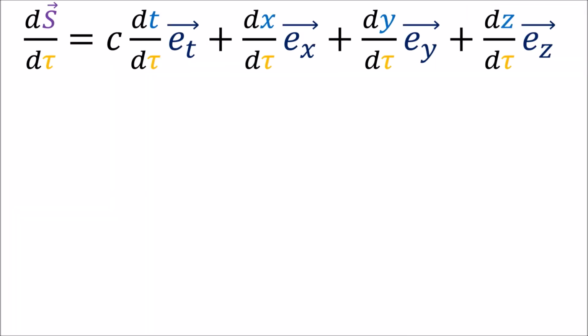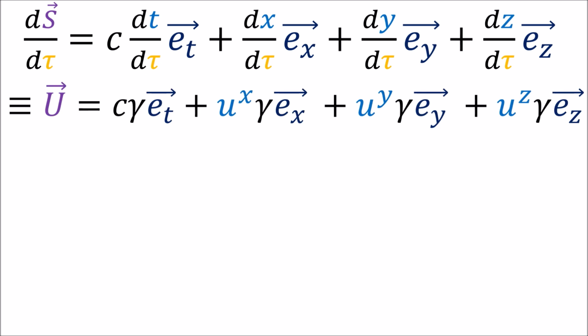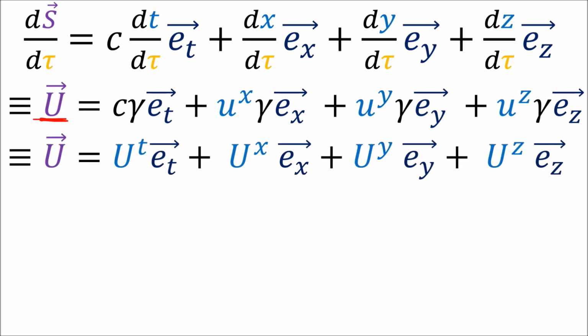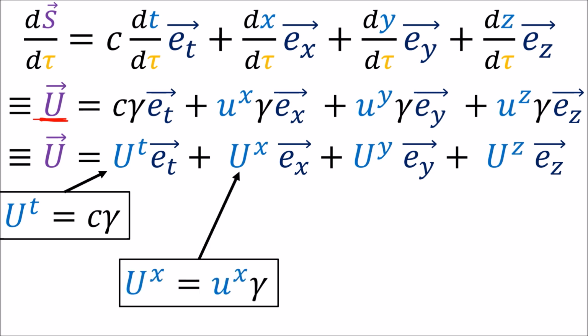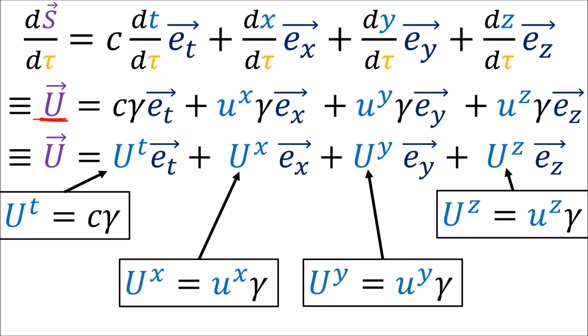So the derivative of the 4-position s with respect to the proper time tau gives us a new 4-vector called capital U, which is the 4-velocity. The components of the 4-velocity U are given by big U^t, big U^x, big U^y, and big U^z.